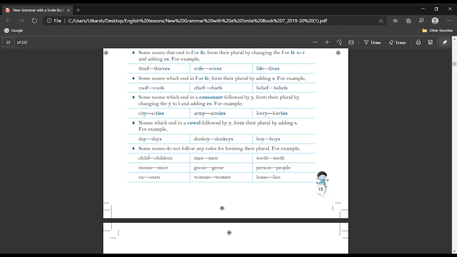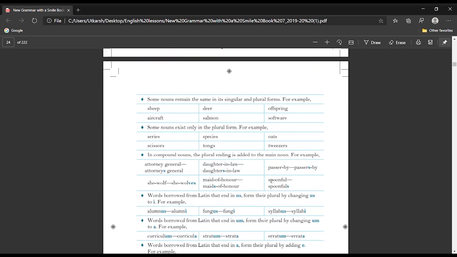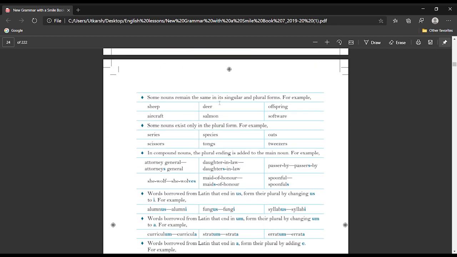Then some nouns do not follow any rules for forming their plural. For example, child, children, man, men, tooth, teeth. These are irregular nouns. They don't have any pattern. They just change the word. For example, goose, geese, person, people, louse, lice, etc. Come down to here. Some nouns remain the same in their singular and plural form.